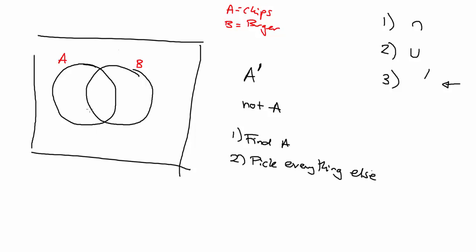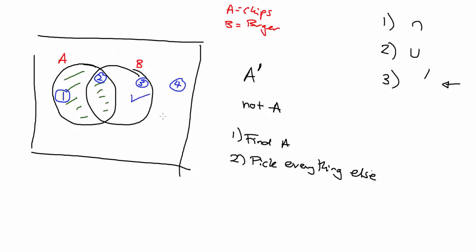So if I get the green out, A consists of this and this. You've got four sections, you've got that. Can you see? So 1 and 2 are in A. So if we want not A, we want everything else.